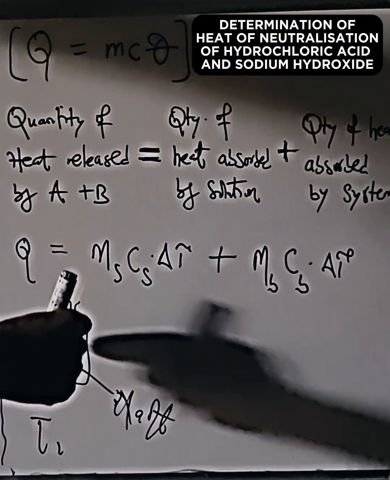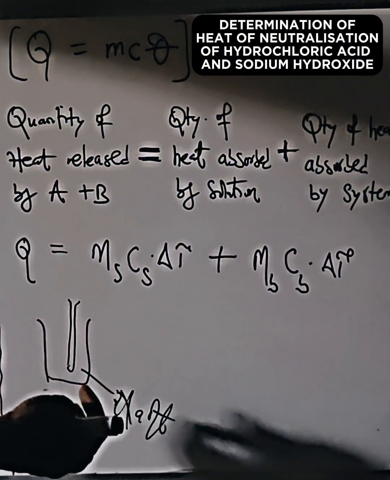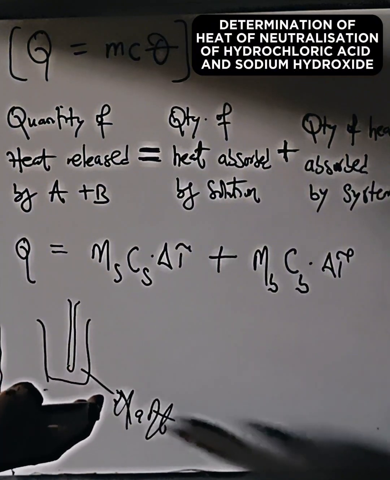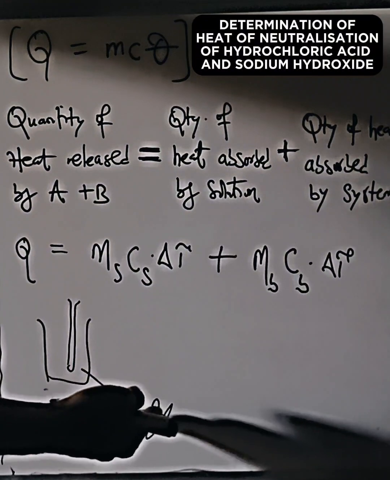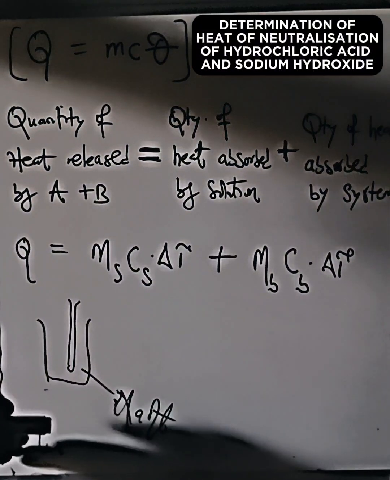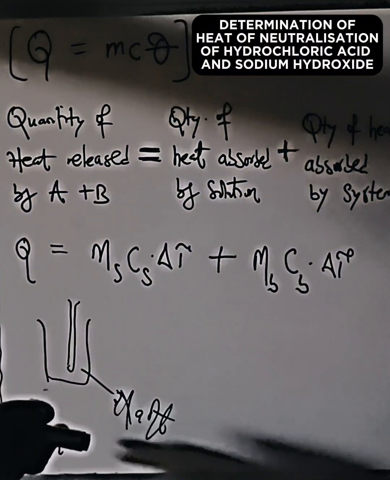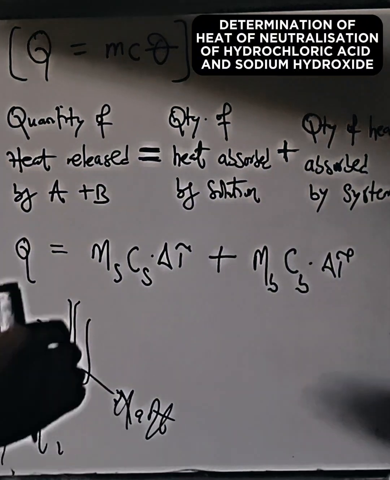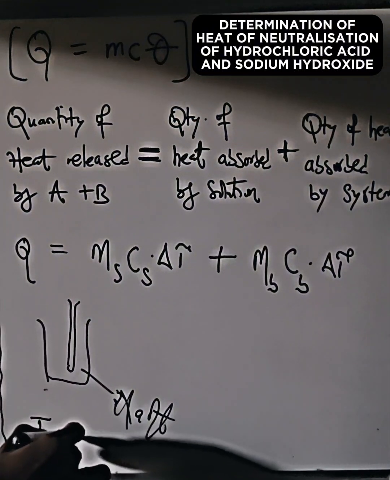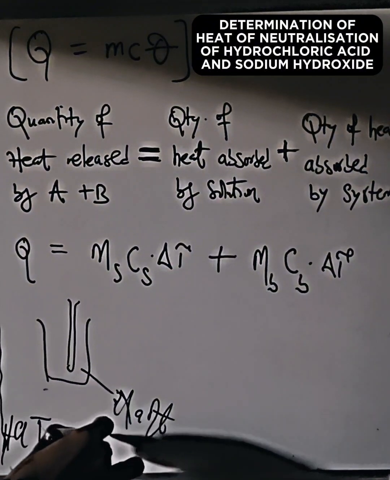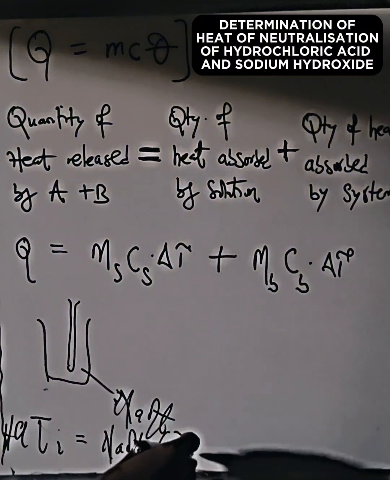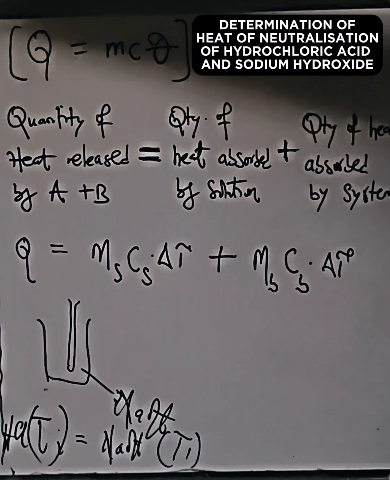Do the same thing, insert the thermometer, and record the initial temperature where it's actually steady. It's expected that the initial temperature of sodium hydroxide should be equal to the initial temperature of the hydrochloric acid under standard conditions, so they are supposed to be equal. Both temperatures are supposed to be the same.